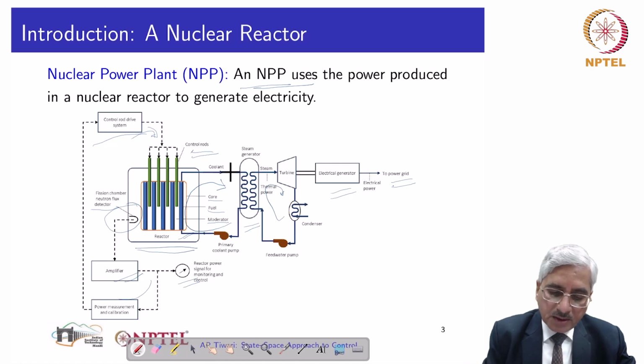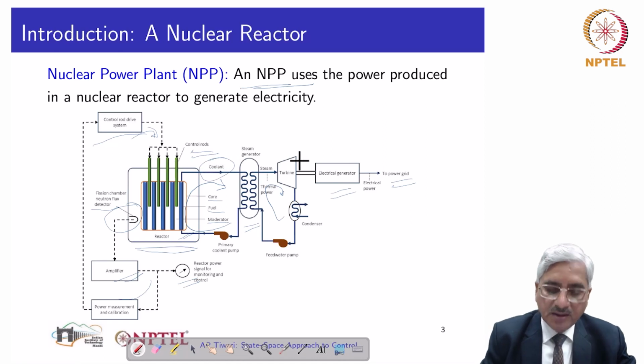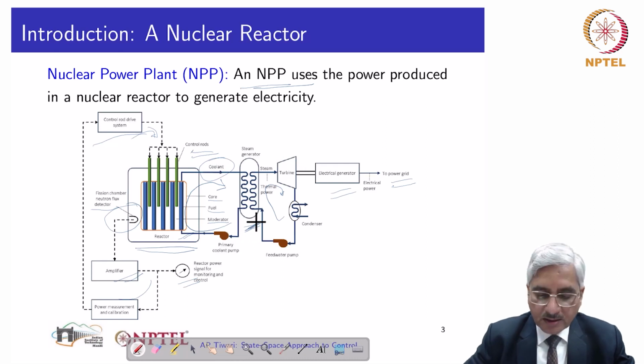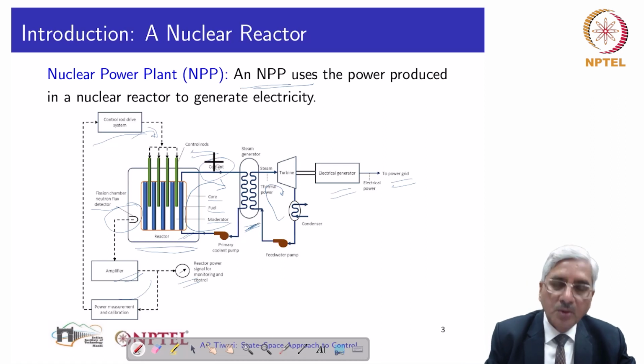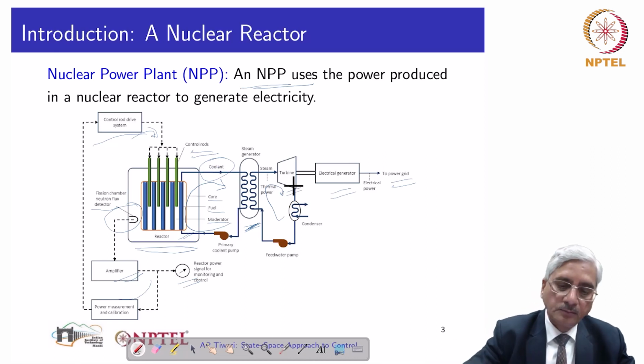Now sometimes this coolant directly comes into a boiling state and it can drive the turbine. So this intermediate heat exchanger, the steam generator, is there in some designs. It is not there in some other types of nuclear reactors. But the idea is to heat the coolant in the core and then to drive the turbine to produce electricity.